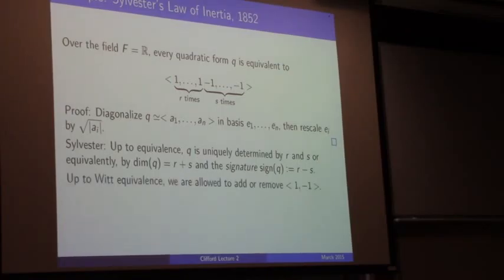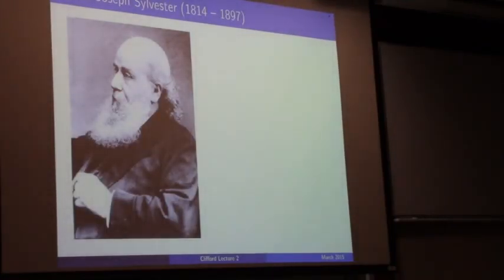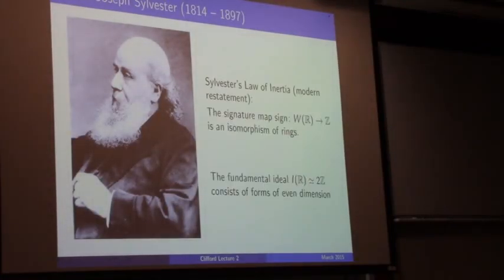And if you're looking at this form up to Witt equivalence, we're allowed to remove 1 and minus 1 together because those two form a hyperbolic plane. So r and s individually can vary within the same Witt class, but the difference between them, the signature, remains constant. So Sylvester's theorem in modern terms can be written as follows.